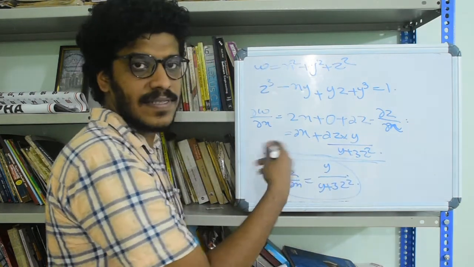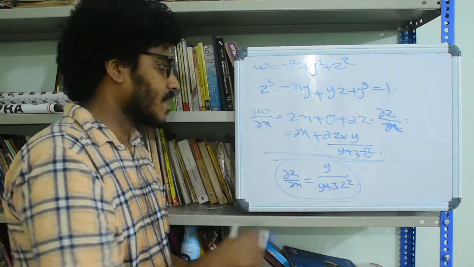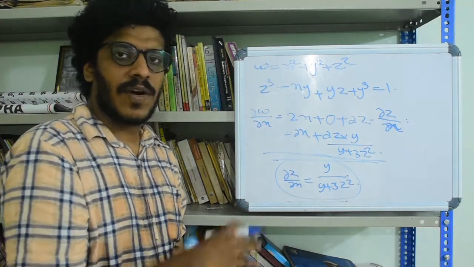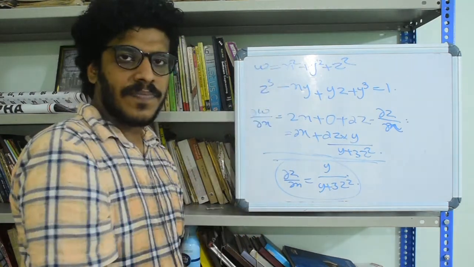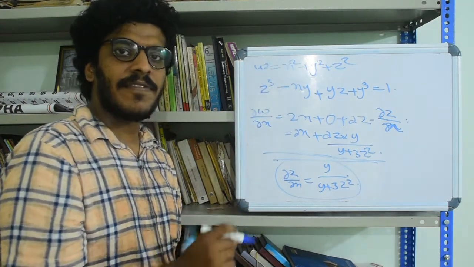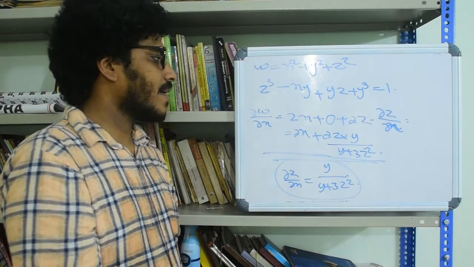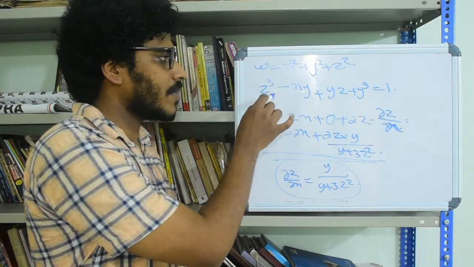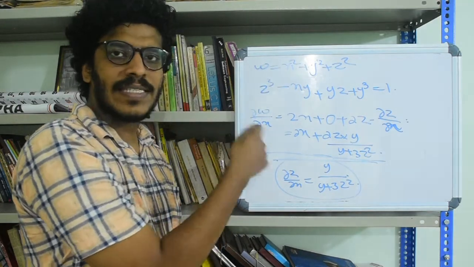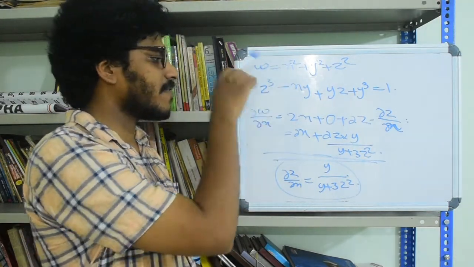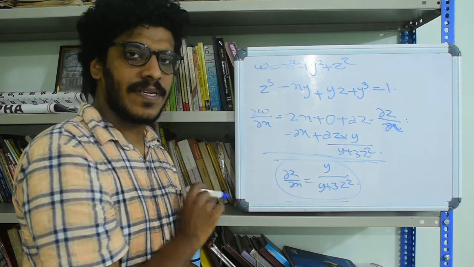So this gives the expression for dou w by dou x. So what we have done now is simply differentiate both, use the technique of implicit differentiation, find the value of dou z by dou x from the constraint, and simply plug it into the dou w by dou x obtained from the function. Right, it's that simple.